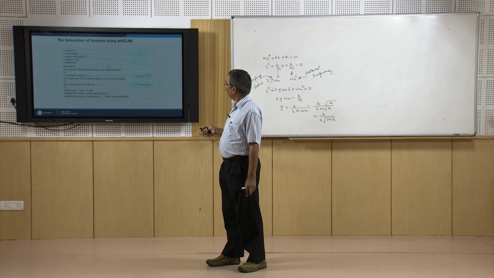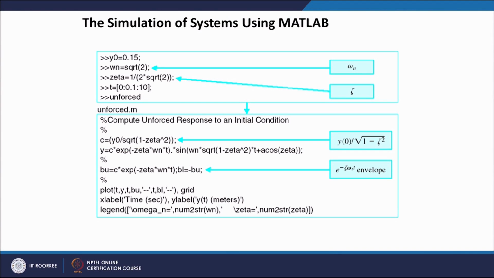Of course, in the general solution we are going to have constant terms, and those constants will be evaluated from the initial conditions of the mass. Say you are given the initial position and initial velocity of the mass. From these two conditions you can evaluate the constants, and one can get the general solution of this system.